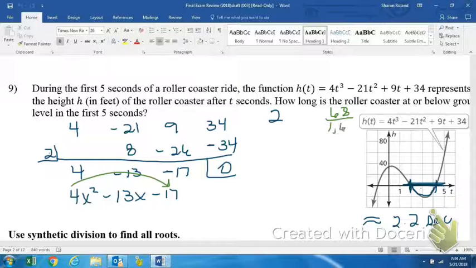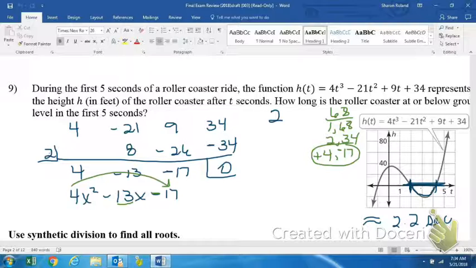The factors of 68 are 1 and 68, 2 and 34, 4 and 17, and there may be other factors. But I know that we're looking for factors of 68 that subtract to be 13, and these subtract to be 13. And so your bigger number is 17, so it gets the negative, and the 4 gets the positive.